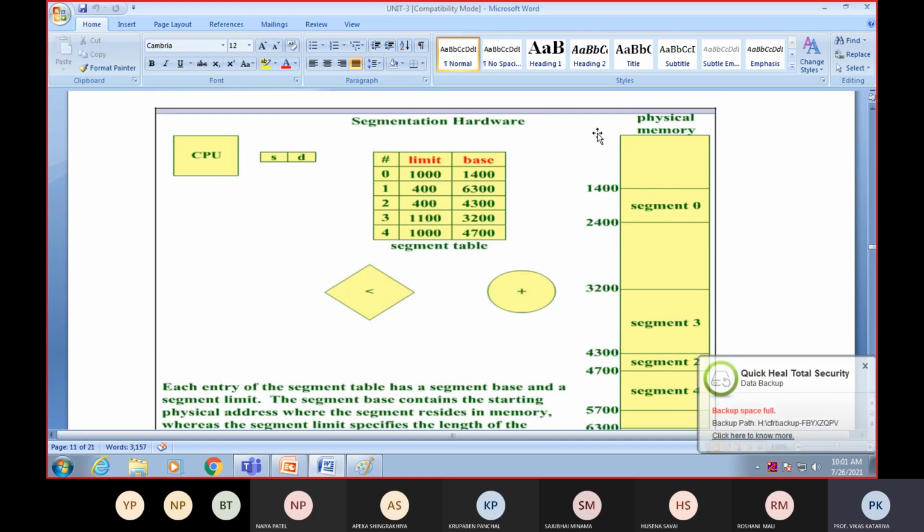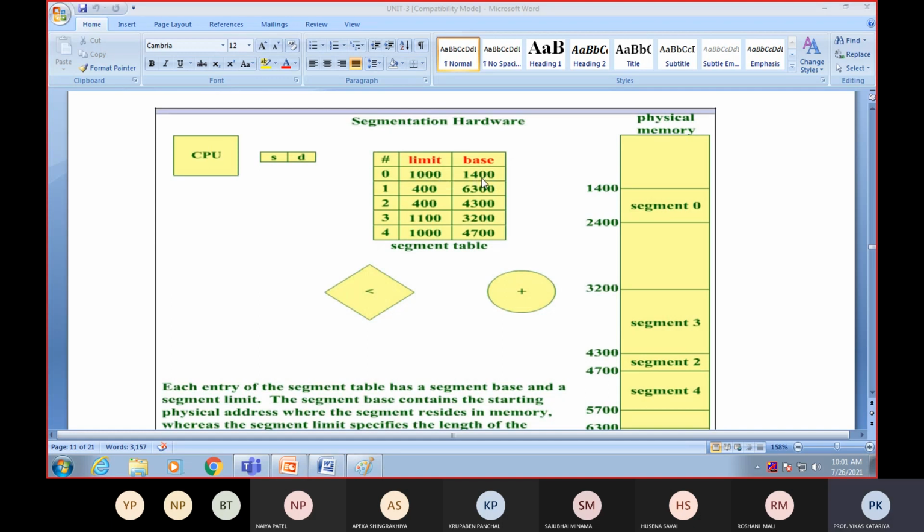This is the primary memory or physical memory. You can see in the diagram, segment number 0 starts from 1400 and closes at 2400. Why does it start from 1400? Because, as you can see in the segment table, the base address of segment number 0 is 1400 with a limit of 1000 bytes.